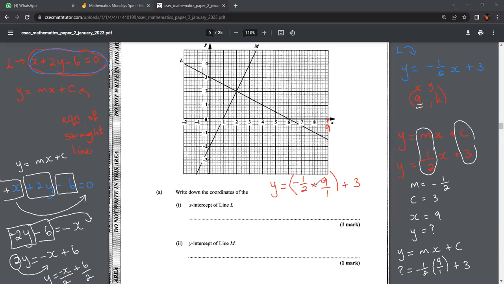When I multiply this, there's nothing to break down, so I just multiply numerator by numerator and denominator by denominator. This will become -9/2 plus 3.